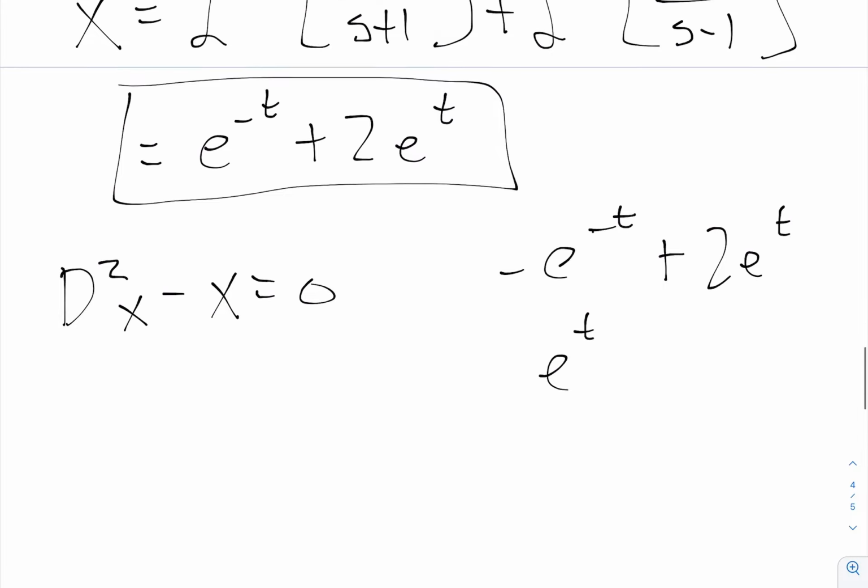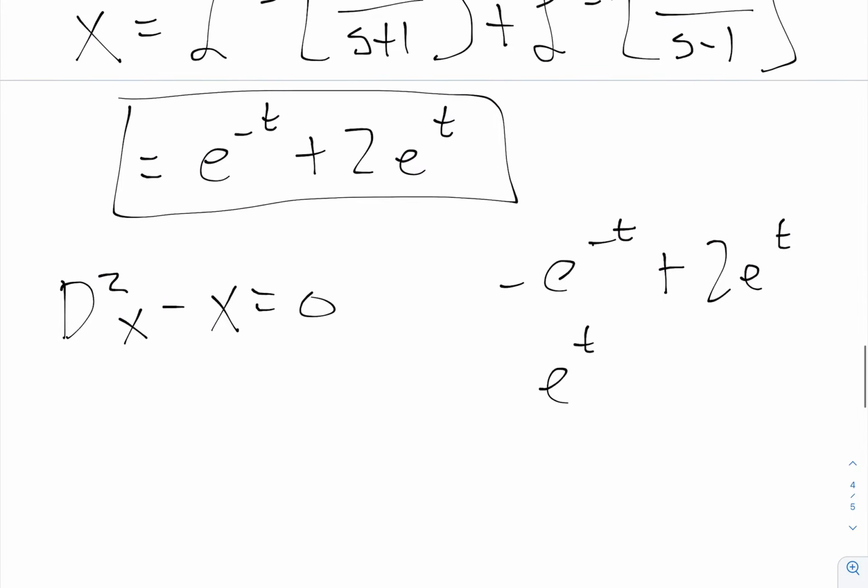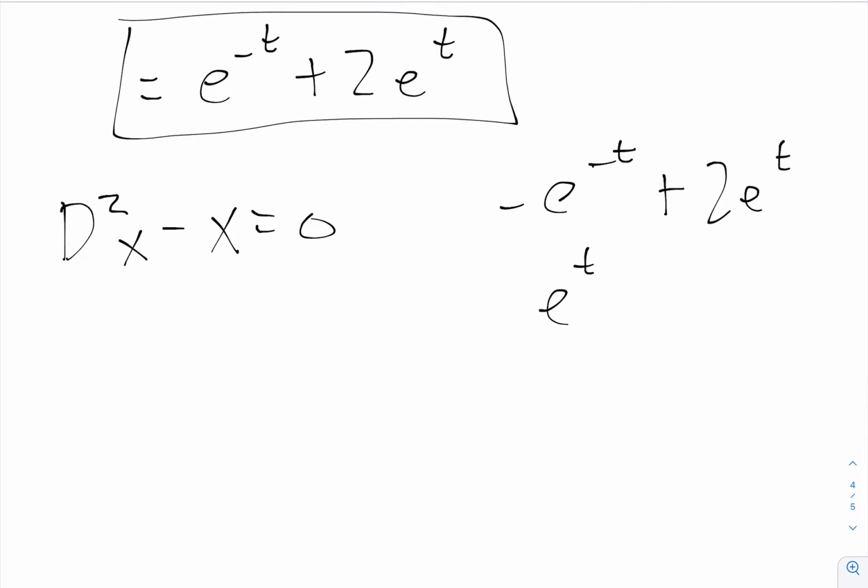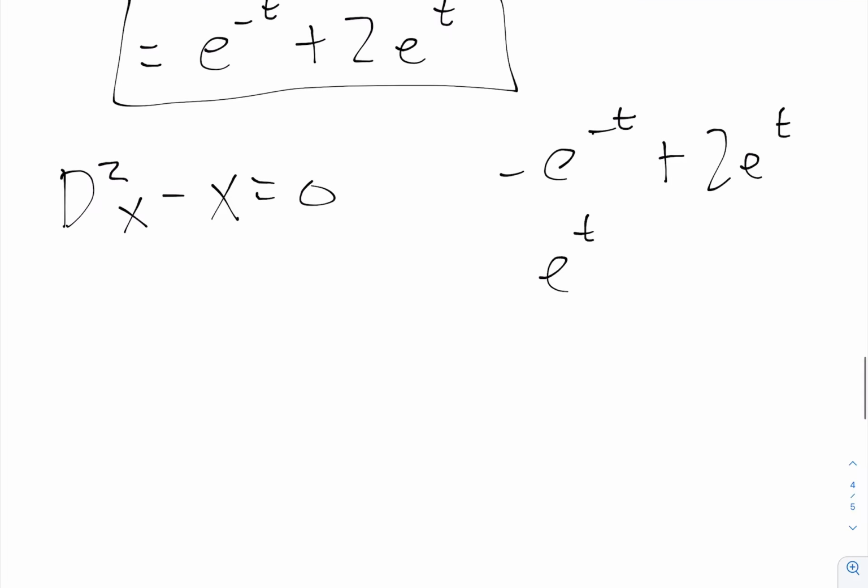Let's see here. The second derivative of x is e to the negative t, plus 2e to the t. I'm just thinking it through here.